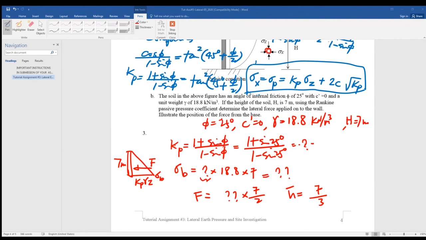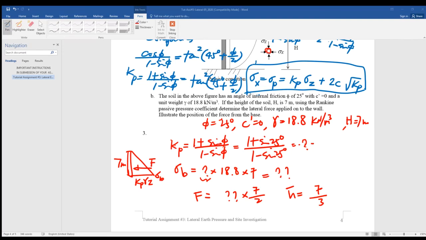So any question for question 2? Now for question 3, I think you should be able to do that because we have done a similar one in the lecture notes, right?